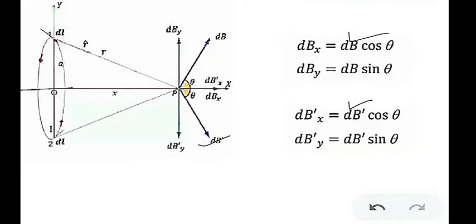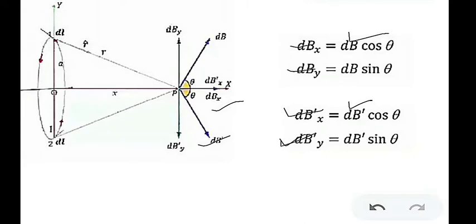Now look, the dBx components are both in the same direction, but for dBy, one is upward and the other is downward. So these two components, dBy and dB dash y, are equal in magnitude but opposite in direction, so they cancel each other's effect.